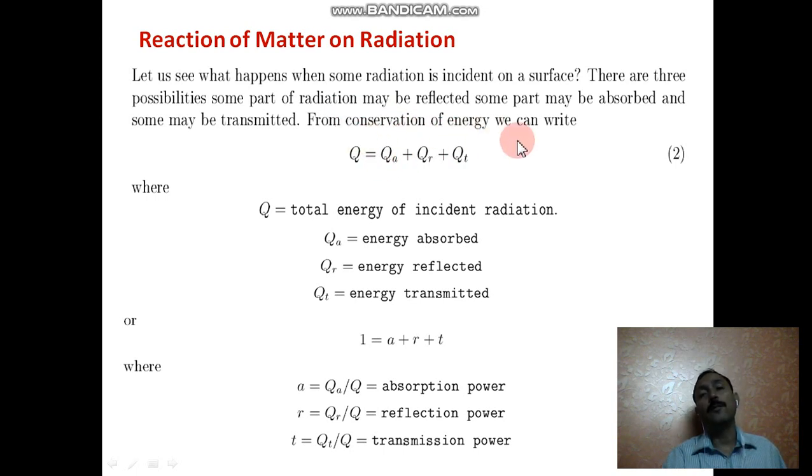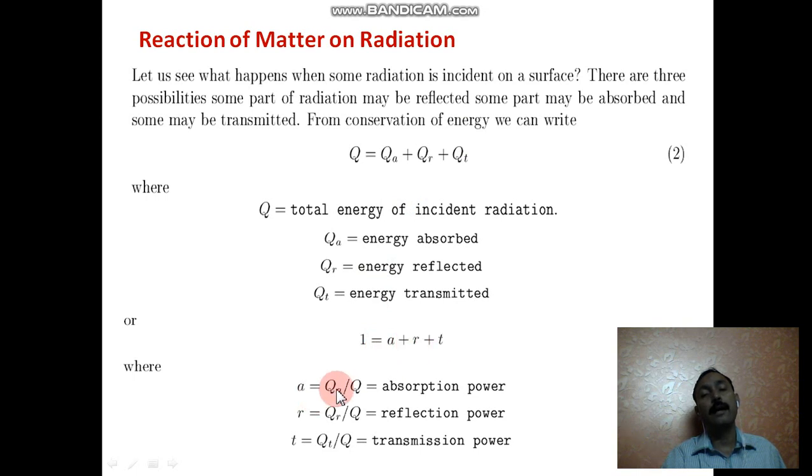From conservation of energy, Q, the total energy of incident radiation, is equal to the energy absorbed plus the energy reflected plus the energy transmitted. So we can write 1 is equal to A plus R plus T.